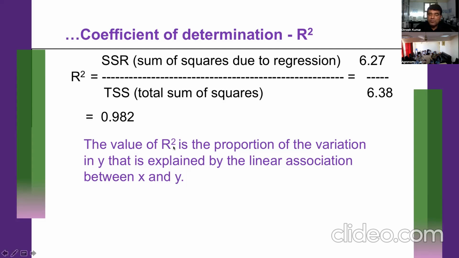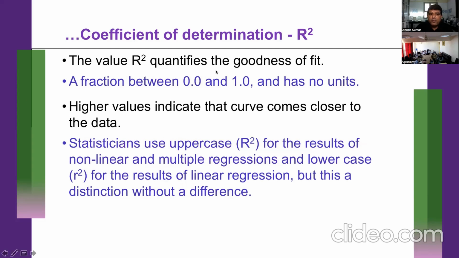The value of R square is the proportion of the variation in Y that is explained by the linear association between X and Y, or simply by the linear regression. The value of R square quantifies the goodness of fit. How fit is our equation? How good is the fit? It is a fraction between 0 and 1.